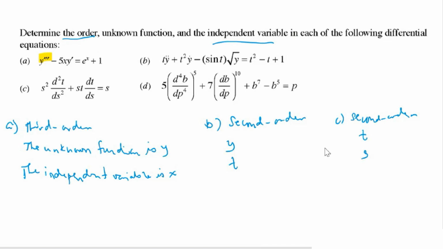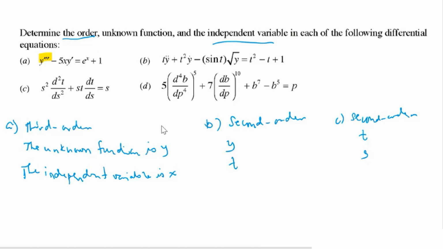Usually, class, if the equation is given in this form, the independent variable is at the denominator. And for letter B, the independent variable is t, which means time. This notation is also used in physics, but seldom used in differential calculus as well as in integral calculus.